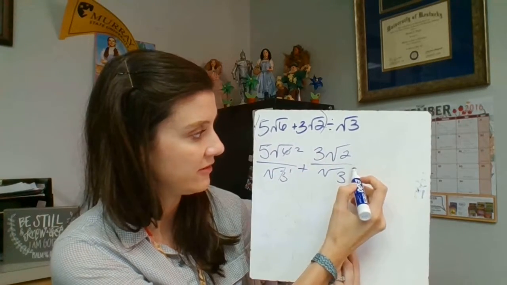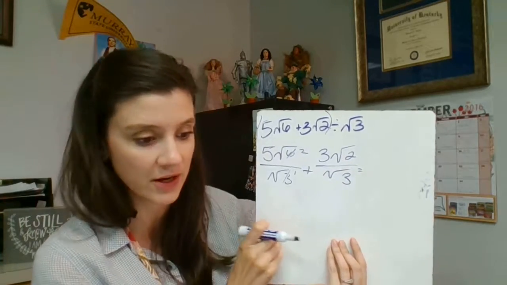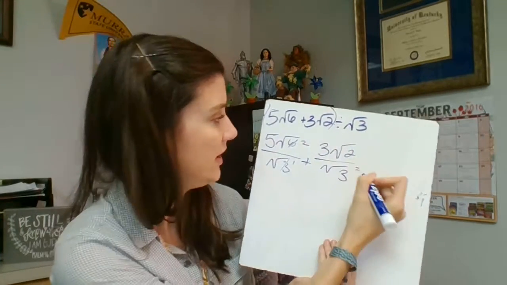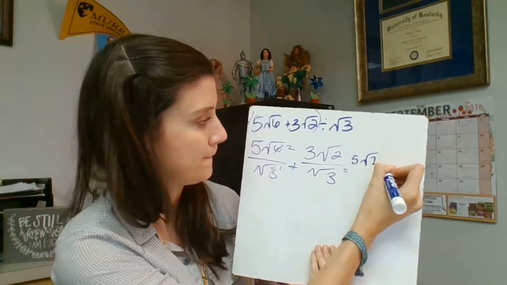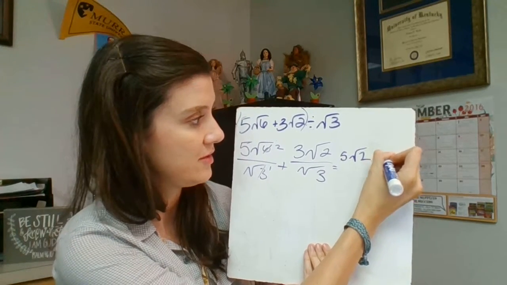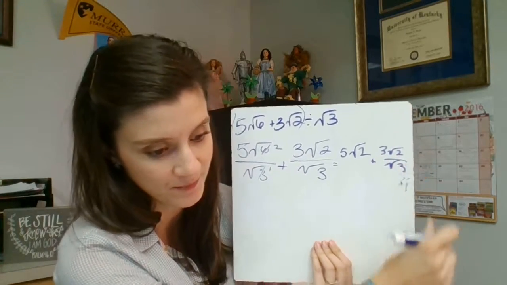So that's going to leave me with 5 square root 2. You can't simplify the 2 and 3, they don't share a common factor. That'll leave me with 5 square root 2 plus 3 square root 2 over square root 3.